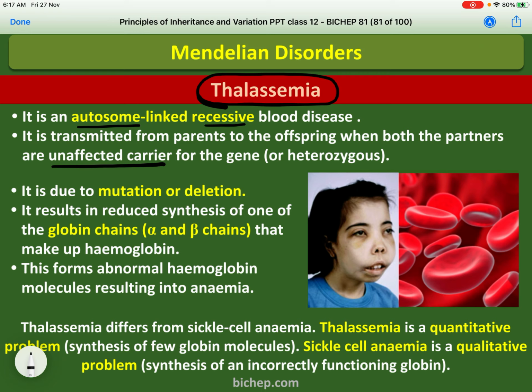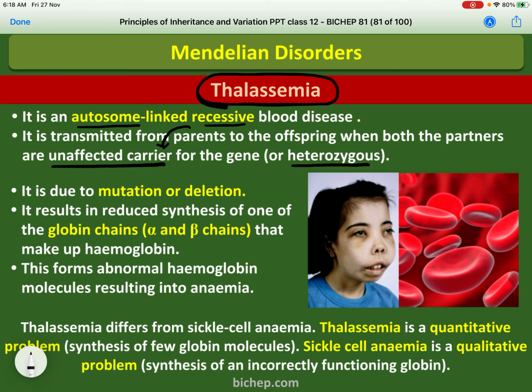Recessive disease always shows this pattern. When both are heterozygous, it can be transmitted to their offspring. It is a possibility. Now, if both of them are affected, then it is not a chance, it is 100% getting forwarded from parents to the offspring.